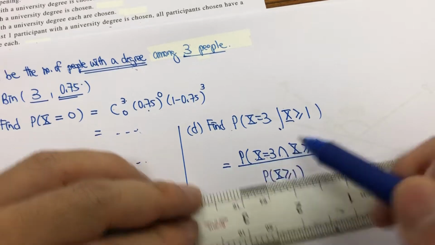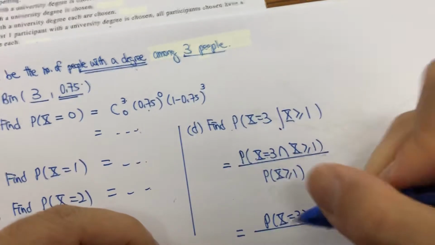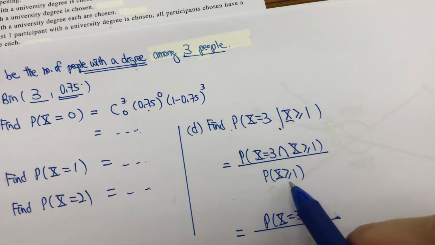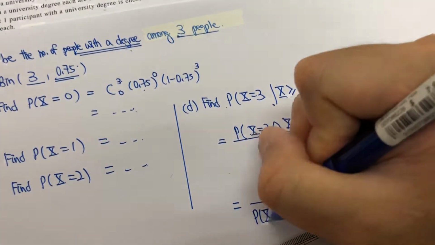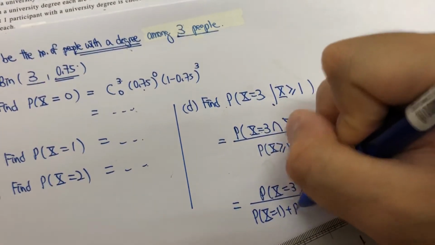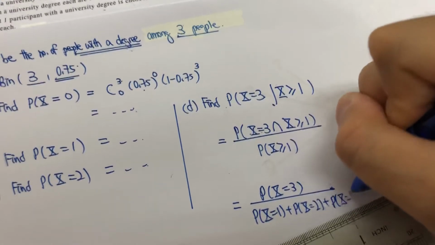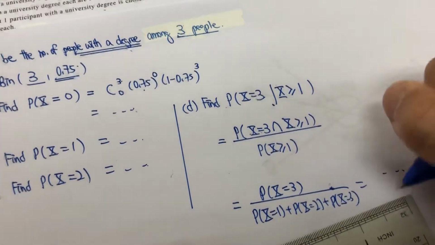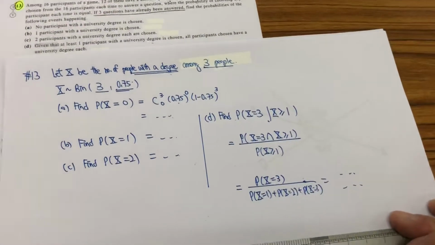X could be only equal to 3. So x equal to 3 on top, and then x bigger than or equal to 1 as the denominator. You have to split it up into 1, 2, and also 3. Okay, and then you continue. Is it more clear now?